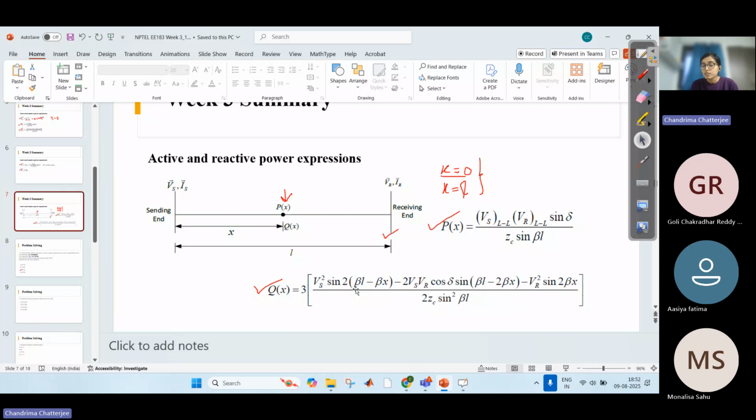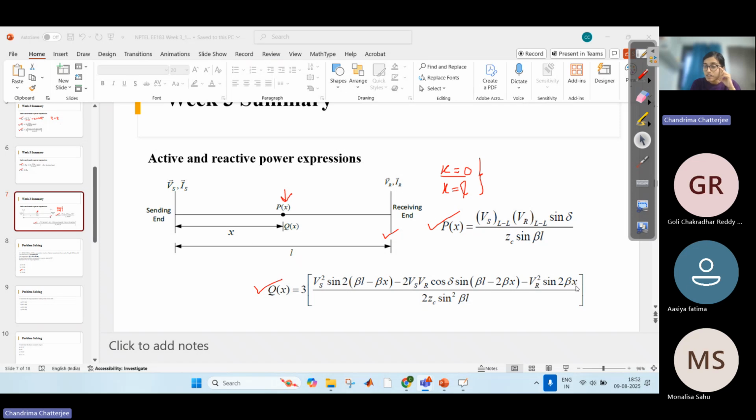Let's see one by one. This is beta L, and this will be beta L by 2, so overall it will be beta L. So this is sin beta L. And this is beta L minus 2 beta x, again with x equal to L by 2, so beta L minus beta L, sin 0. So this term becomes 0.